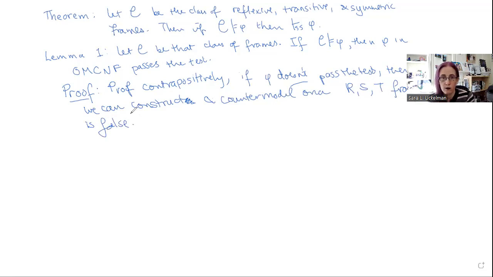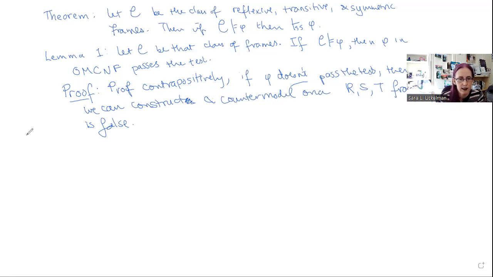And this is again going to be a constructive procedure in the sense that once you have a formula that fails to pass the test, you can read off of that failure what the countermodel is going to look like. So you will always be able to actually generate the countermodel that you need. So this is what we're going to try to show.